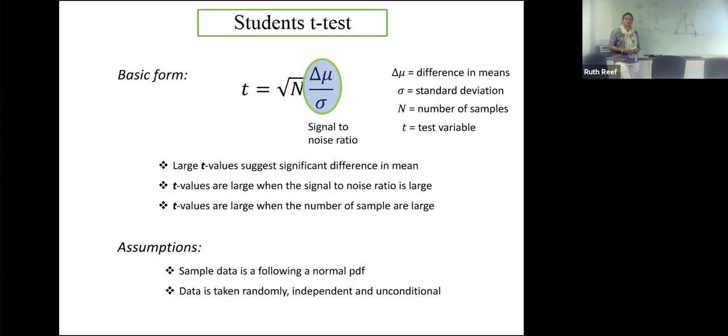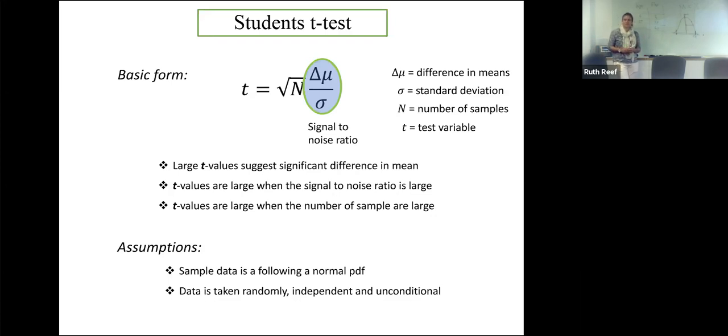And then this is multiplied by the square root of the number of samples. More samples, the higher the t, so it's easier to tell apart. A bigger t is an indication of bigger differences between our populations.